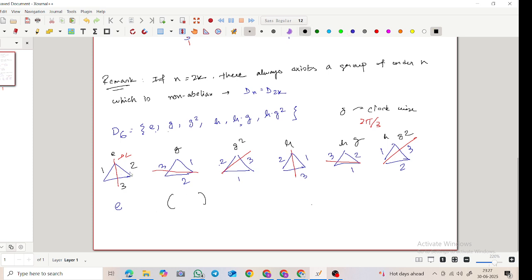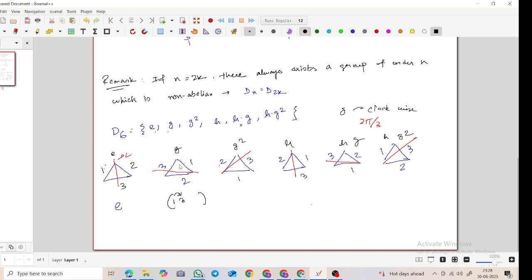Measure the change from the first position, otherwise you will never get it. So 1 was here. What is now in place of 1? 1 going to 3, right?